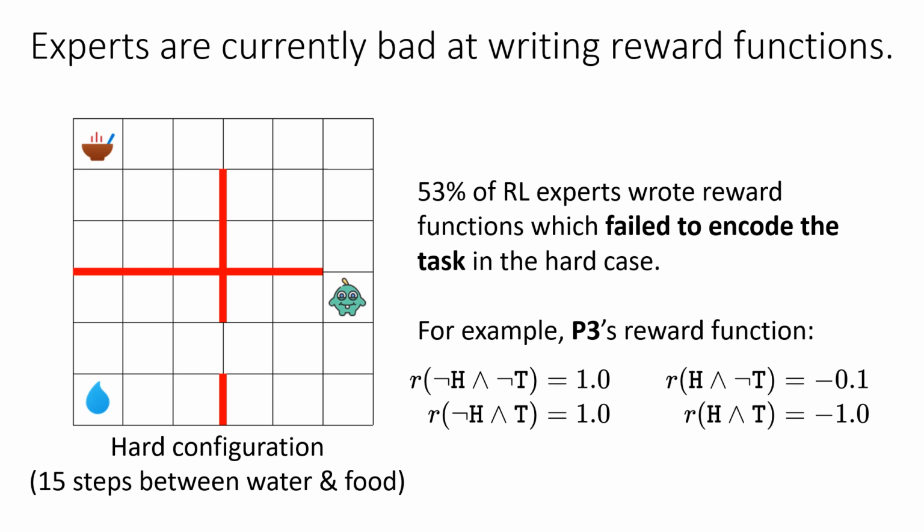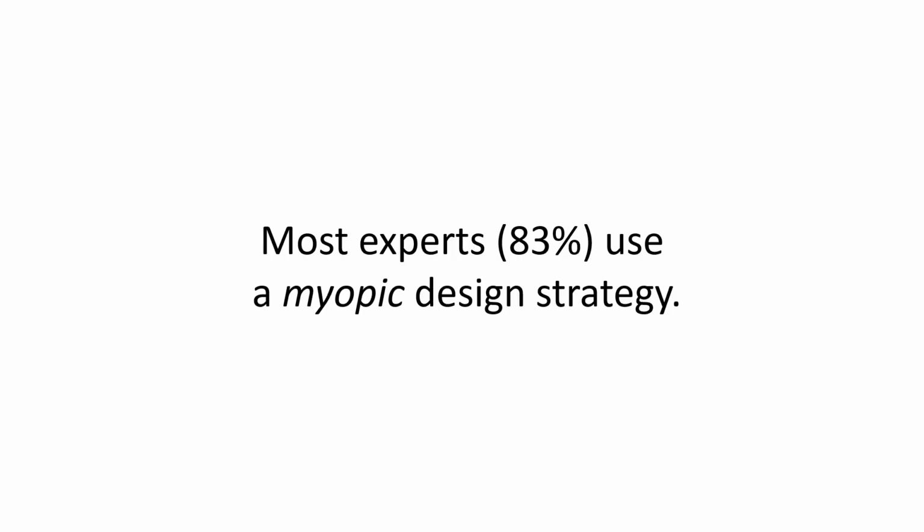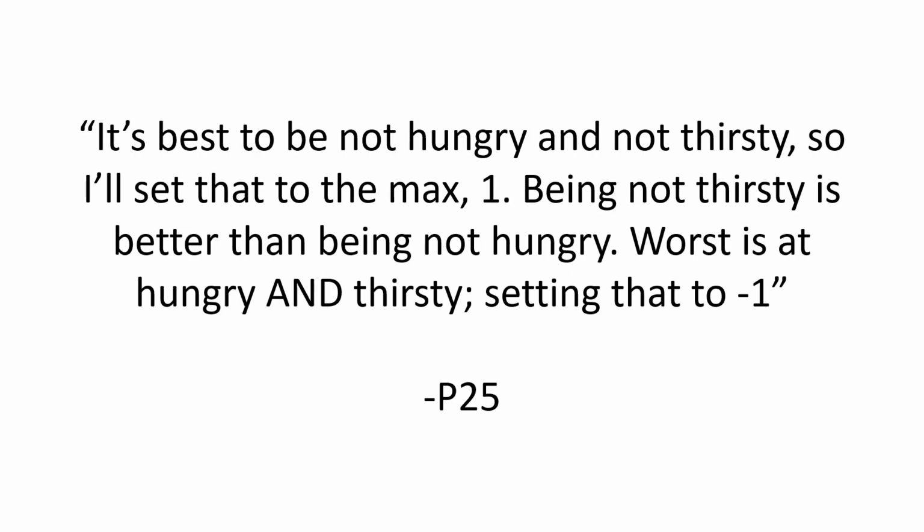We found that most, 83% of experts, use a myopic design strategy of weighing state goodness to design their reward functions. For example, user P25 stated, "It's best to be not hungry and not thirsty, so I'll set that to the max, 1.